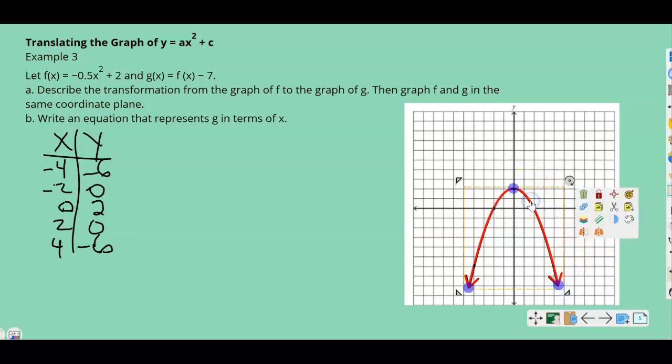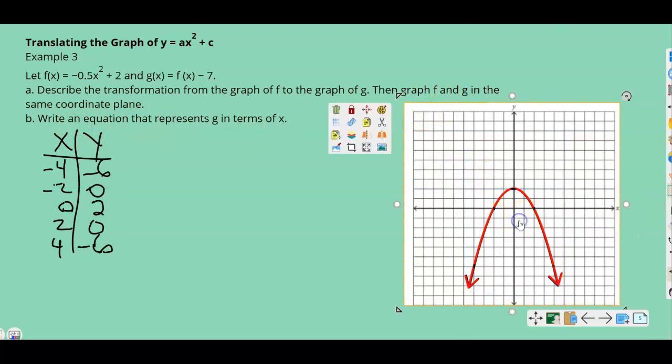What we need to do is describe the transformation from the graph of f to the graph of g. g of x equals f minus 7. So that means we're going to take this whole graph and move it down 7.